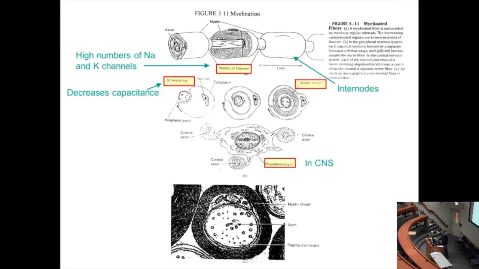And it'll jump this millimeter or so to the next node of Ranvier where it slows down again, where you activate sodium channels and potassium channels and regenerate the action potential there. And then they jump again because this area propagates the action potential so quickly. We call that saltatory conduction, okay? And it makes conduction through myelinated nerve fibers extremely rapid.